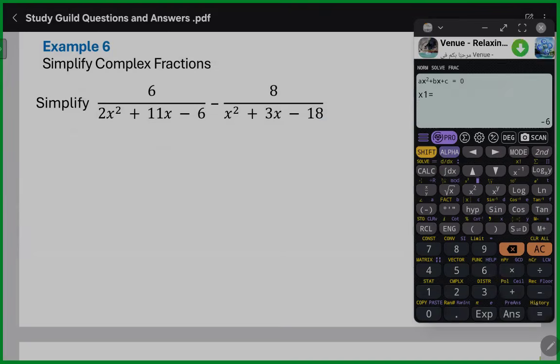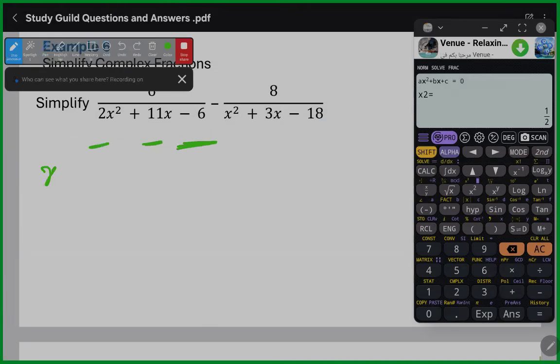So x1 is negative 6, x2 is 1 over 2. So x equals negative 6, and x equals 1 over 2.